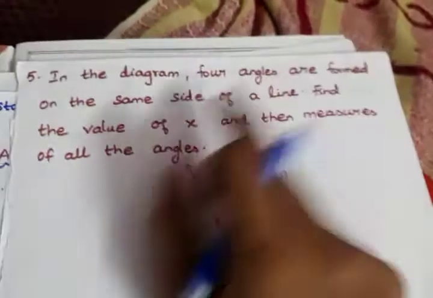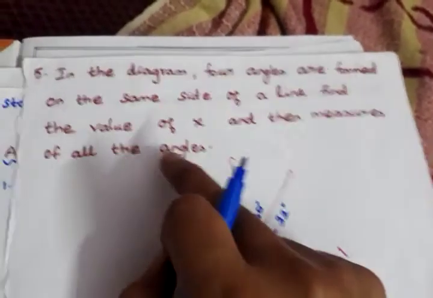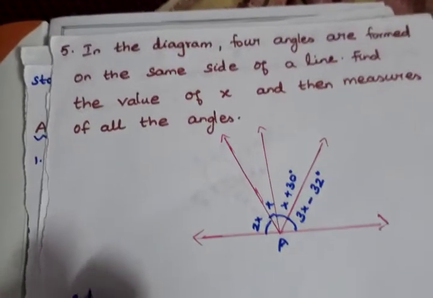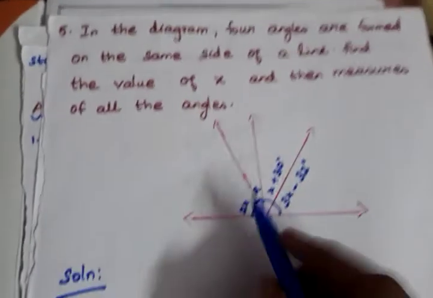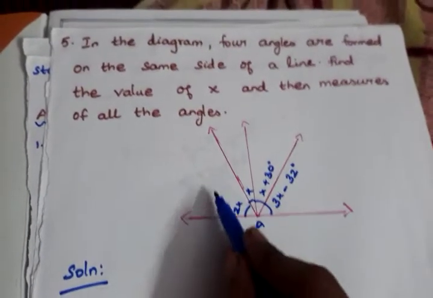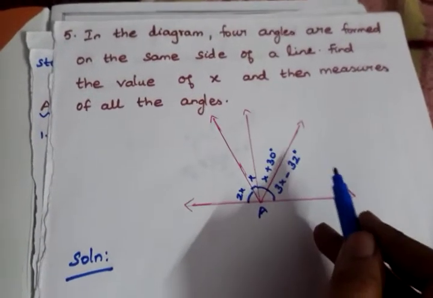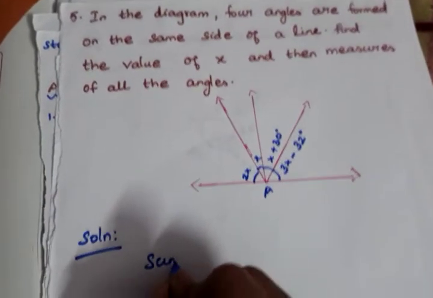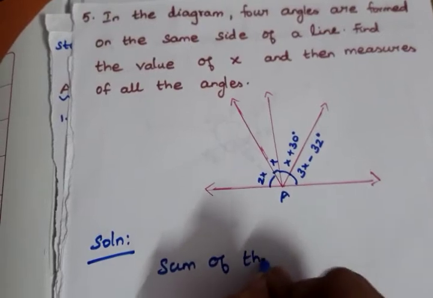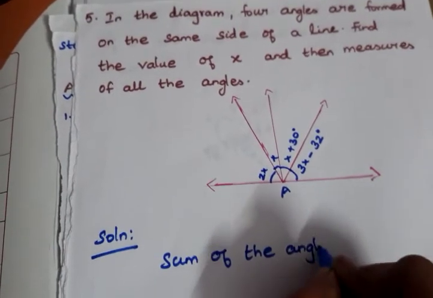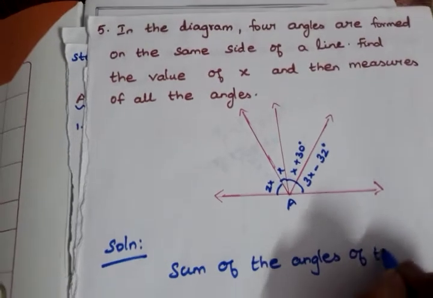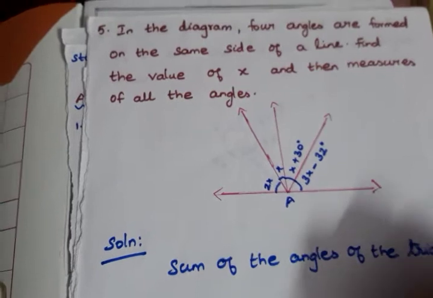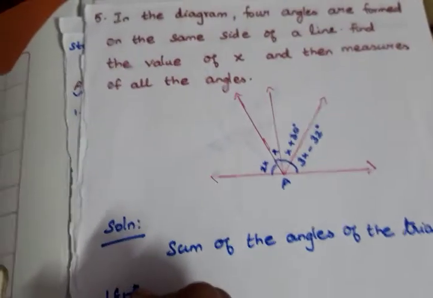In the diagram, four angles are formed on the same side of a line. Find the value of x and then measures of all the angles. So solutions. So this one is adjacent angle triangles. Sum of the angles of the triangle is 180 degree.